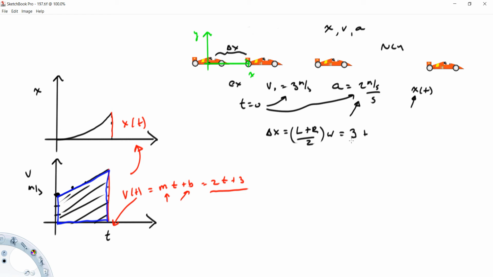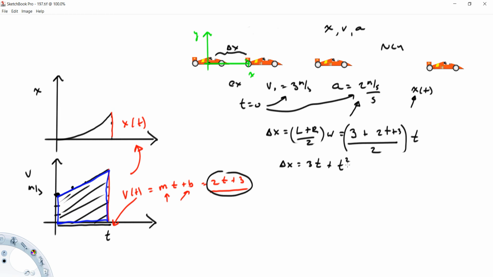Plus the right-hand side, and here's the trick, the right-hand side is described by this function, 2t plus 3, divided by 2, and then the width of our trapezoid is what we're calling t. So our change in x is going to equal, let me clean this up a little bit. Now notice 3 plus 3 is 6, divided by 2 is 3, times t, so 3t plus 2t squared over 2, so I'll just put plus t squared.